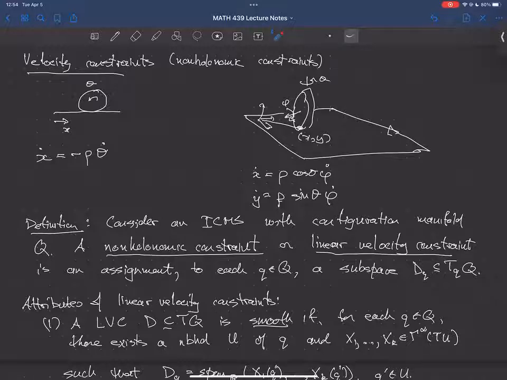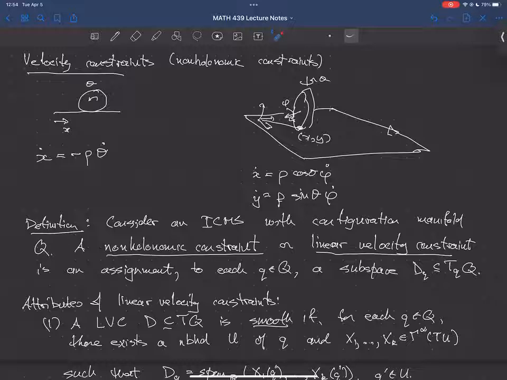Now in this example, it's not so easy to see what's going on. So I have a four-dimensional configuration manifold, x, y, theta, phi, with two linear velocity constraints. Okay, so is there really just a two-dimensional configuration manifold there? Well, no, there's not. And how can you tell, right?